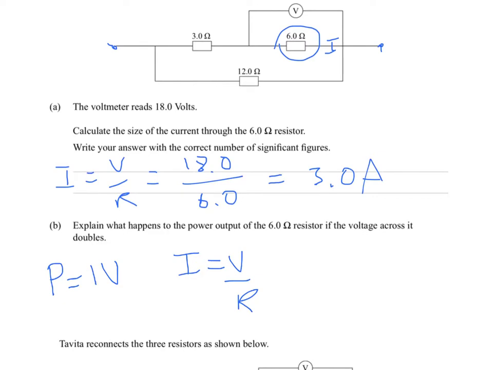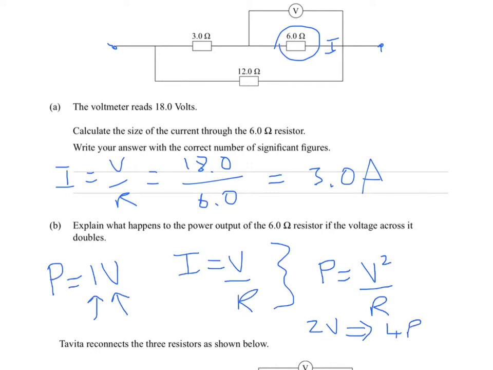So that means we've got a doubling effect here and a doubling effect here. In fact, you can combine these two equations to make a power equation that's purely dependent on the voltage. And we can see that if you double the voltage, you're going to 4 times or quadruple the power.